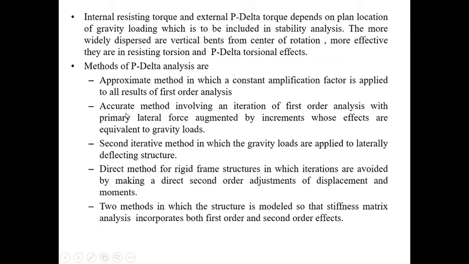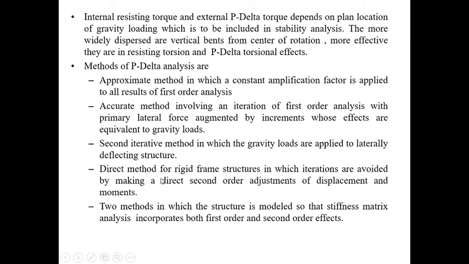In the same way, the second iterative method applies gravity loads to the laterally deflecting structure. When the horizontal force is acting, the structure deflects, and further gravity loads are applied, and then the iterative process is continued.